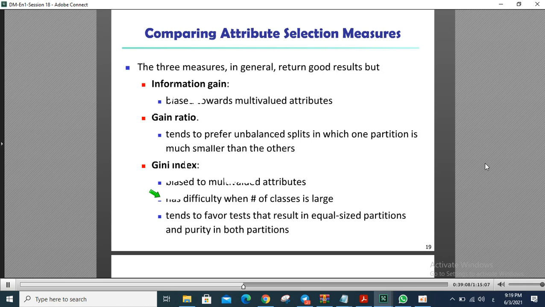So Gini index is affected by multi-valued attributes like information gain. It has some problems with data set with multiple classes. When we have too many classes in the data set, Gini index is not a good option. And Gini index tends to use equal size partitions.